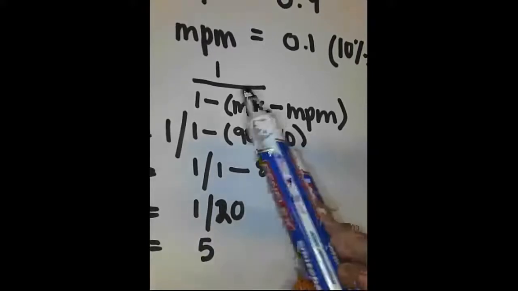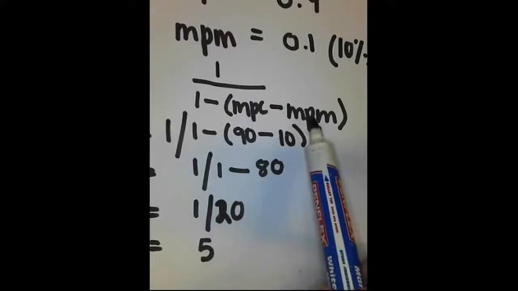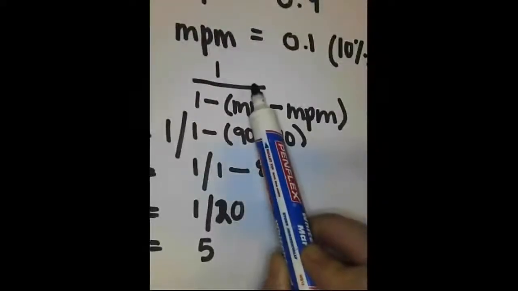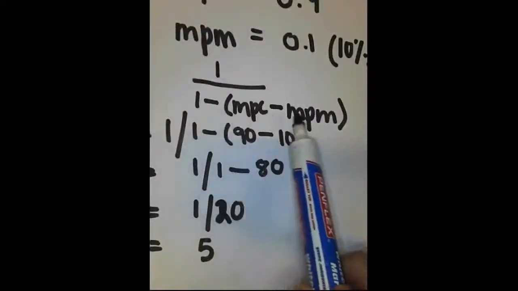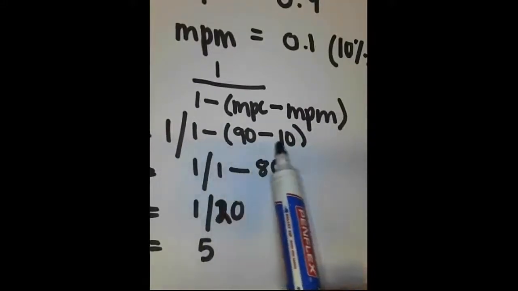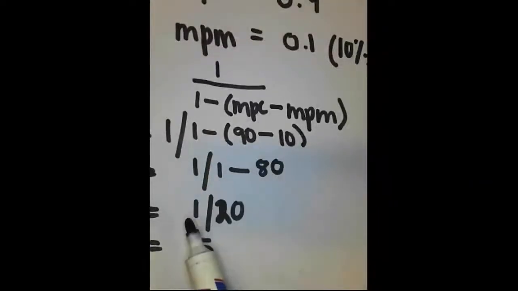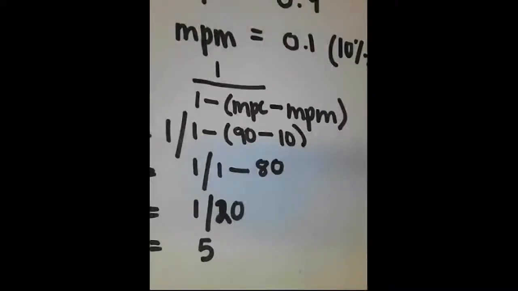But here what they've done is they've just said the MPC was 90, that's an injection. The MPM is 10, that's a leakage. So it's 1 over 1 minus MPC minus MPM, 1 over 1 minus 90 minus 10, 1 over 1 minus 80, which gives me 1 over 20, which gives me 5. So the answer works out being the same.